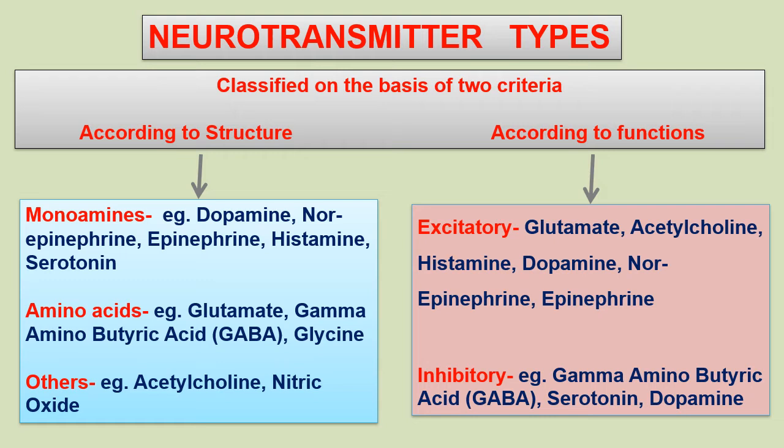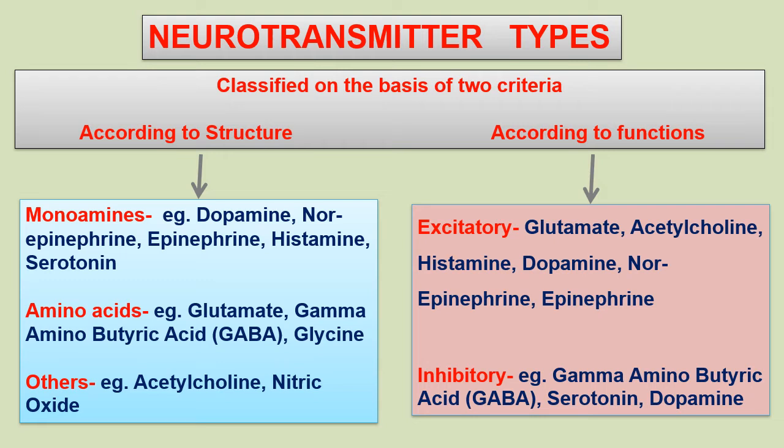According to function, neurotransmitters are classified into two categories, excitatory and inhibitory. The excitatory neurotransmitters function to activate receptors on the postsynaptic membrane and enhance the effects of the action potential.